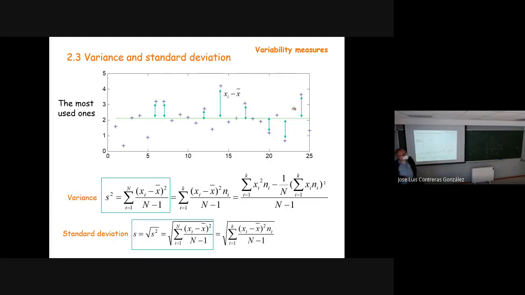What is done instead is to do this. That is what we'll do all the time. That is, compute the difference with the mean, square it, and average it. Okay, and then we also divide by n minus 1. We will see later on why it's better to divide by n minus 1.